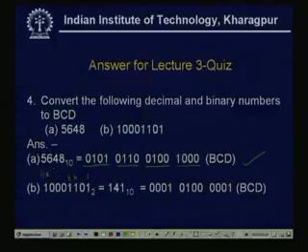That means the value is 141 in decimal. Once it is converted into decimal, in the same way each digit is replaced by 4 binary digits. That means 1 is 0001, 4 is 0100, and 1 is again 0001. So, this is my binary coded decimal value.